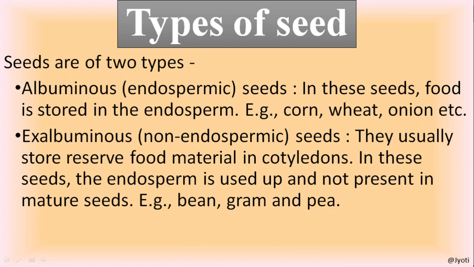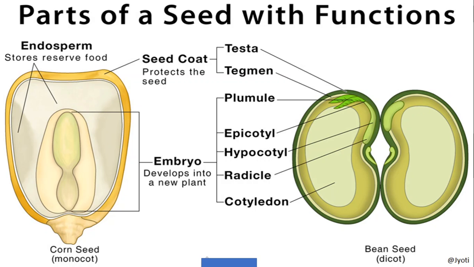So here I have discussed the types of seeds. The seeds are of two types, that is albuminous or endospermic seed, and the other one is ex-albuminous or non-endospermic seed. As I have shown you in the picture, in monocot the endosperm is there.